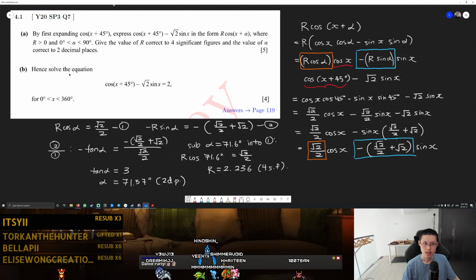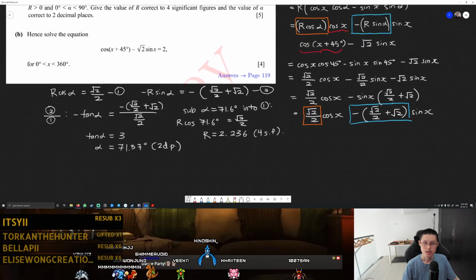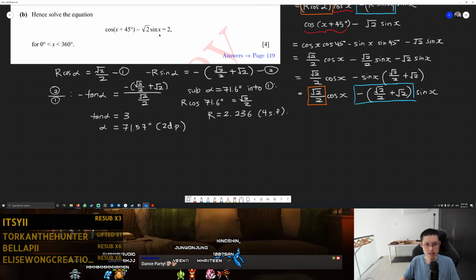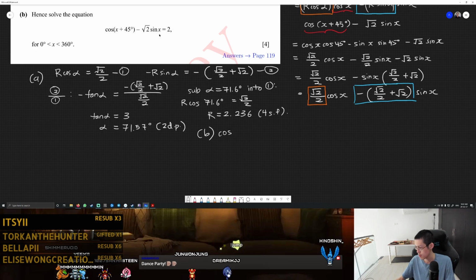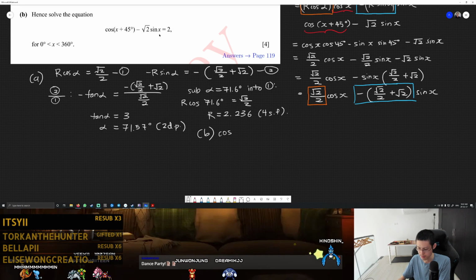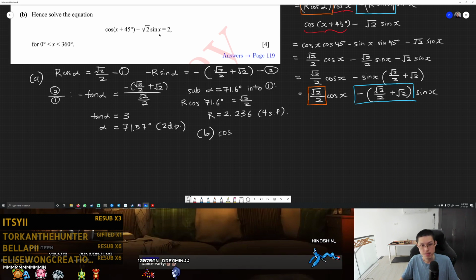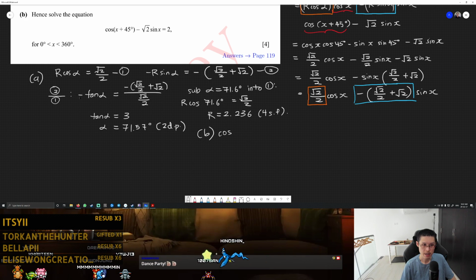Okay, so next one, hand solve the equation, blah, blah, blah equals 2. In order to do that, you just use the r form of the equation that you got earlier. So this is part A, this is part B. Yeah, you get -3 if you include the negative here, but there's also a negative here. So when you move the negative over, it becomes 3.